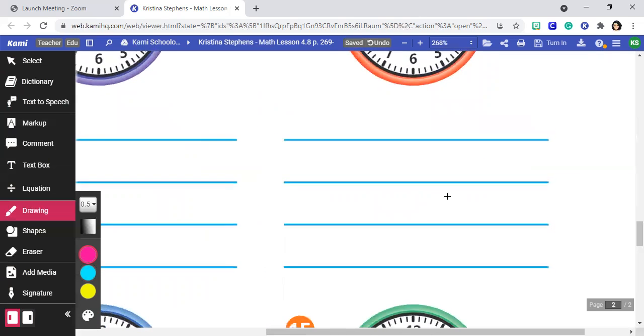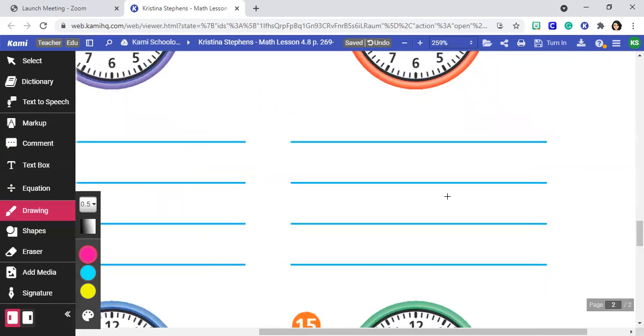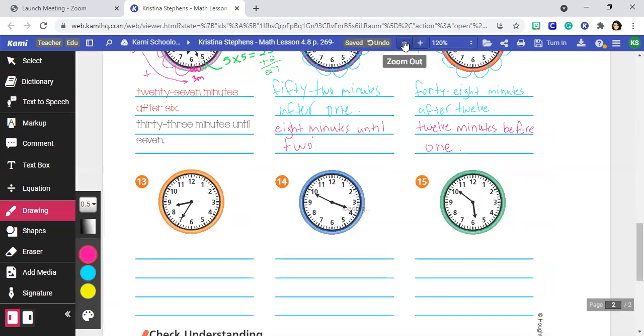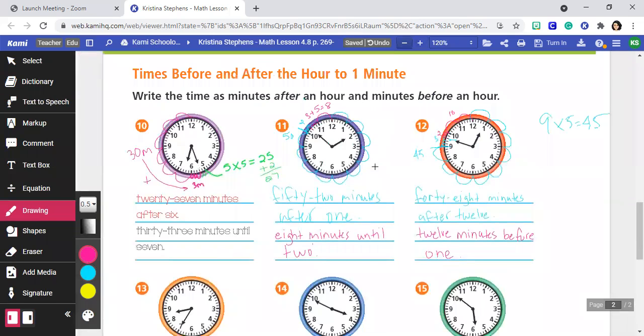Now, you might not need to do all of that jumping around up here, but I really like that jumping around because it helps me be precise. We are going for precision here. So you need to write the time as minutes after an hour and minutes before an hour down to precision of 1 minute.